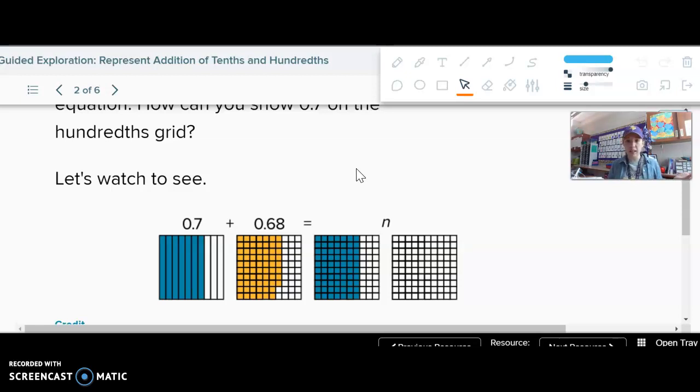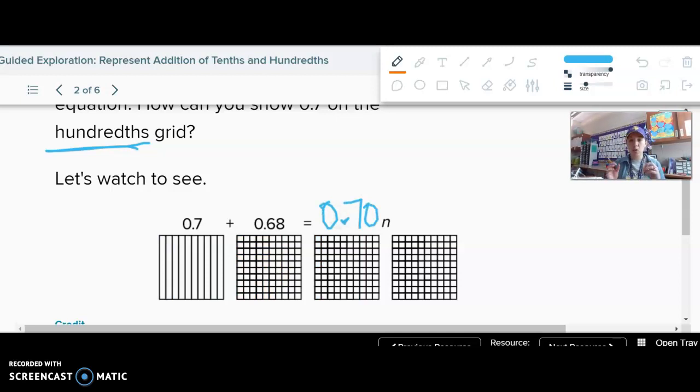Kind of like we did in the last one, remember 10 of something is just 1/10. So on your line, you can think about, before you solve, convert tenths into hundredths. So remember, 7 tenths is the same as 70 hundredths. Then they're the same size as my 68 hundredths, so then I can add them together.